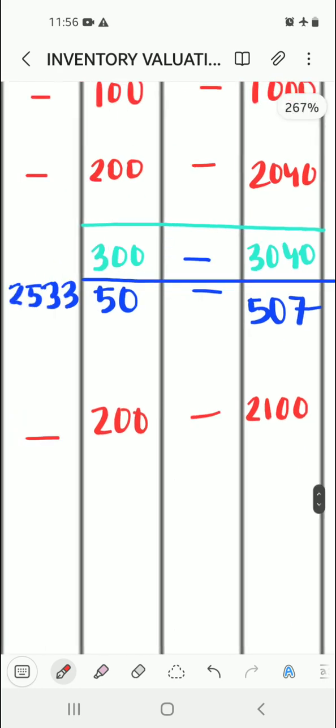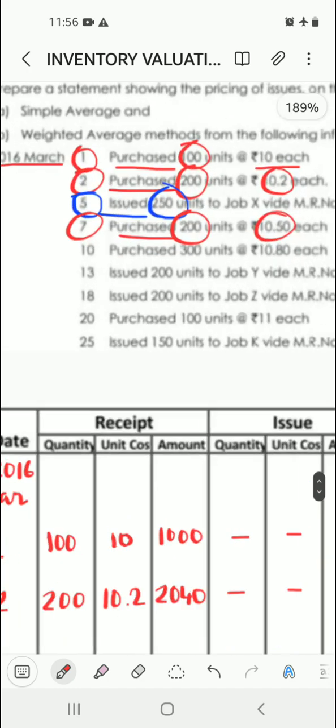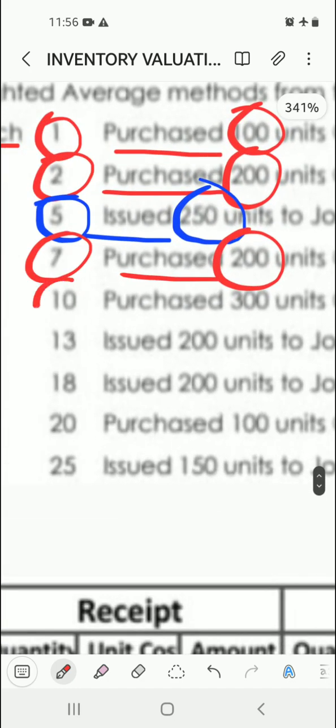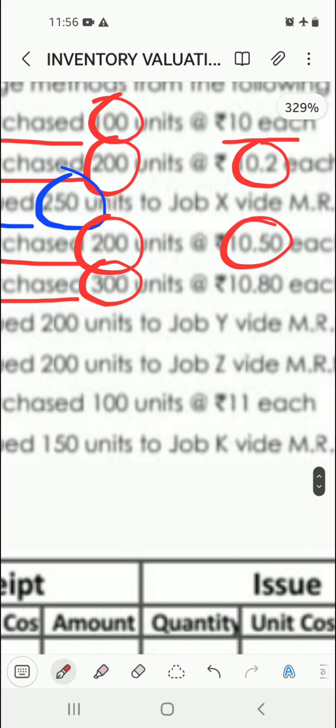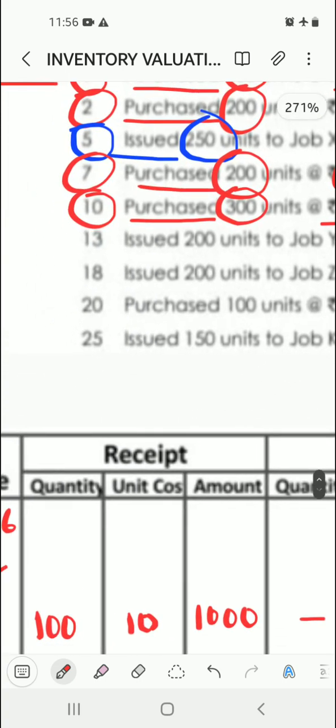Now next, we will move to the next date, that is March 10. There has been a further purchase, so same color red we are using. 10th March purchase for 300 units, 10.80 this time, the unit price.